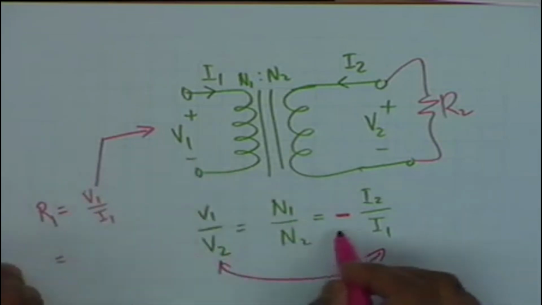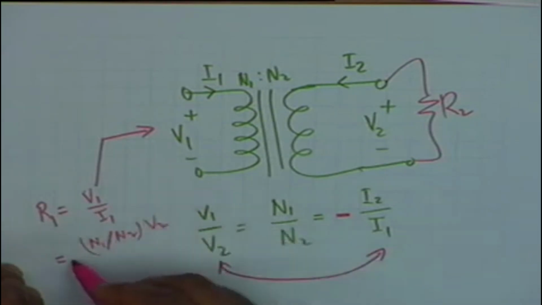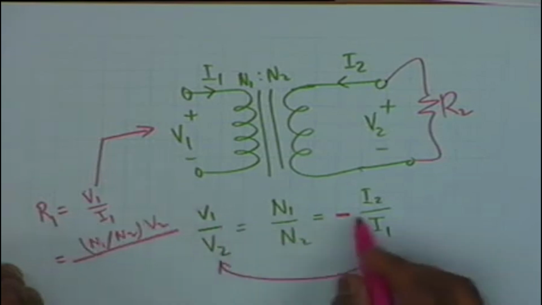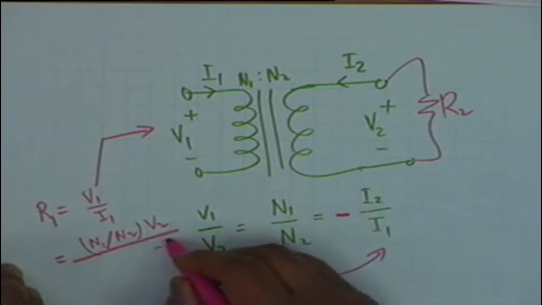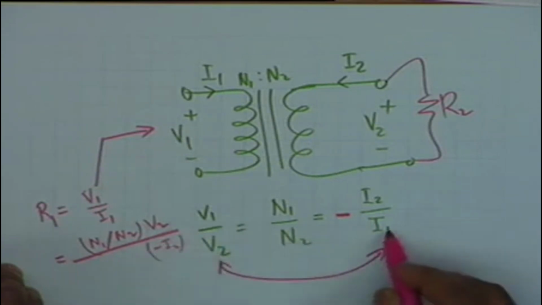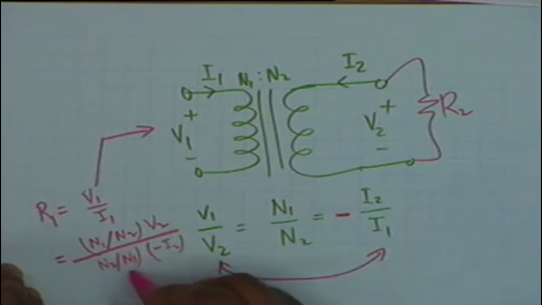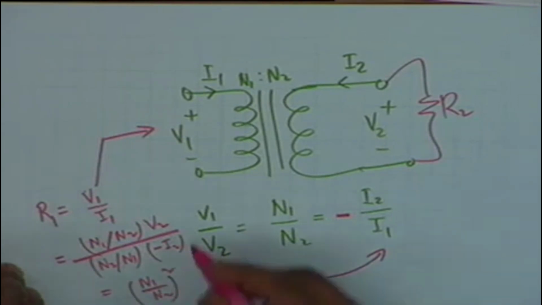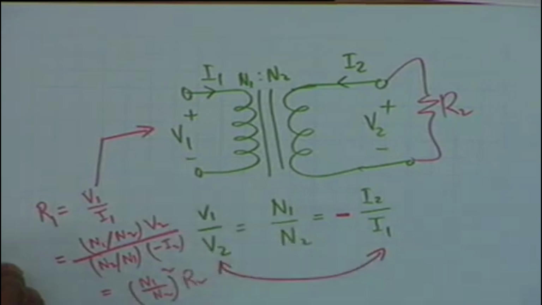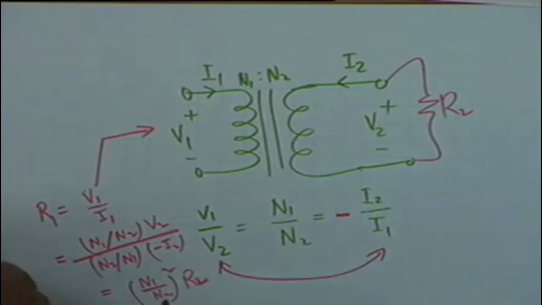And V1 from this relation is N1 by N2 times V2, divided by I1, which is minus I2 times N2 by N1, which is equal to N1 by N2 whole squared multiplied by V2 by minus I2, which is simply R2, and this is how the transformation is effected.